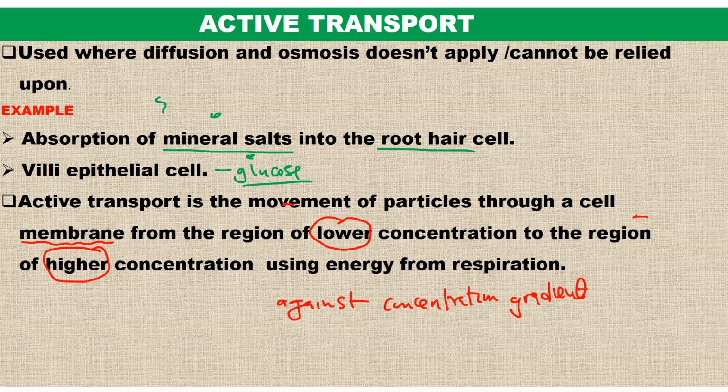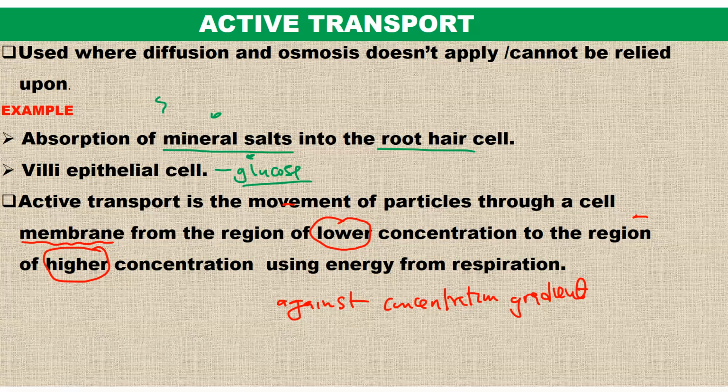That is where active transport comes in. So the key point is that it involves the movement of particles through a cell membrane from the region of lower concentration to the region of higher concentration using energy from respiration. Very important that you understand this part.